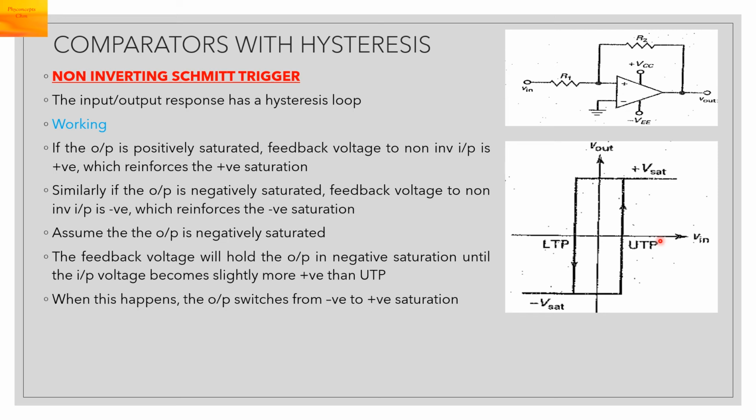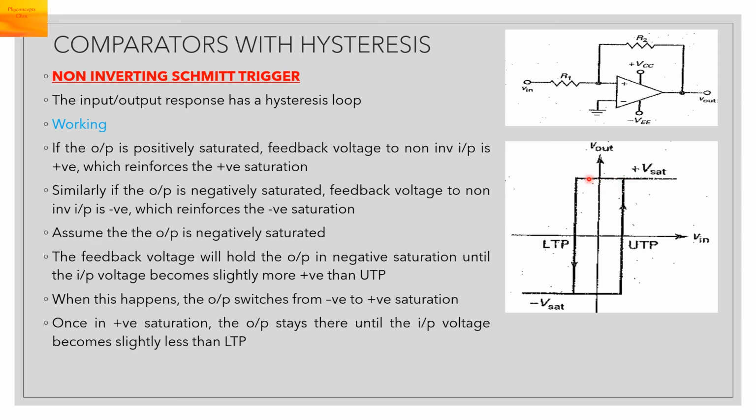When this happens, the output switches from this negative state to positive saturation, that is plus V sat. Once in positive saturation, the output stays here until we decrease the input voltage and bring it slightly less than LTP. Then the output will change from plus V sat to minus V sat.